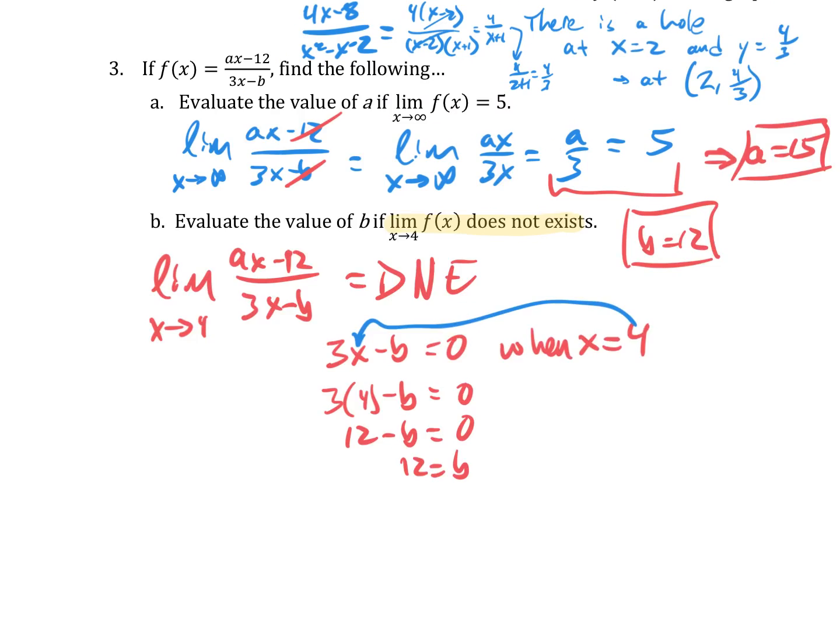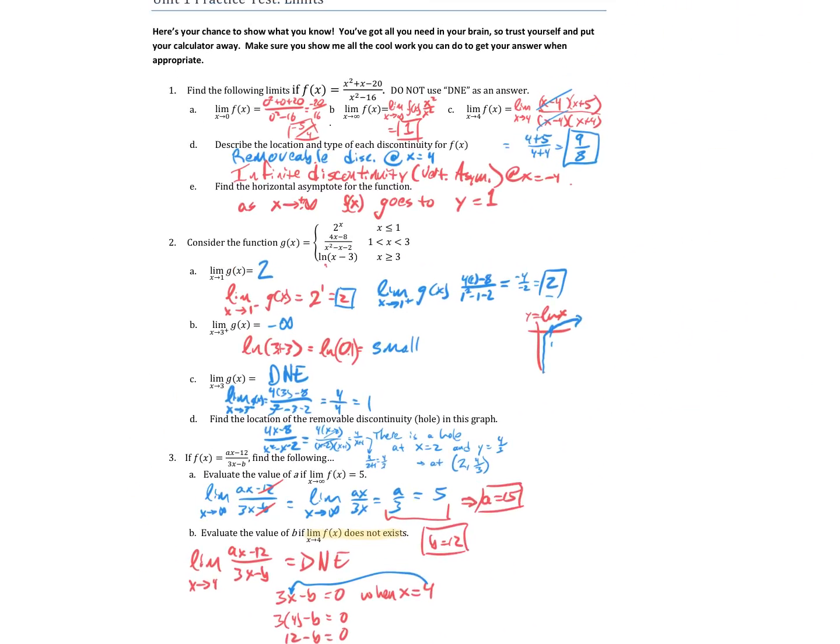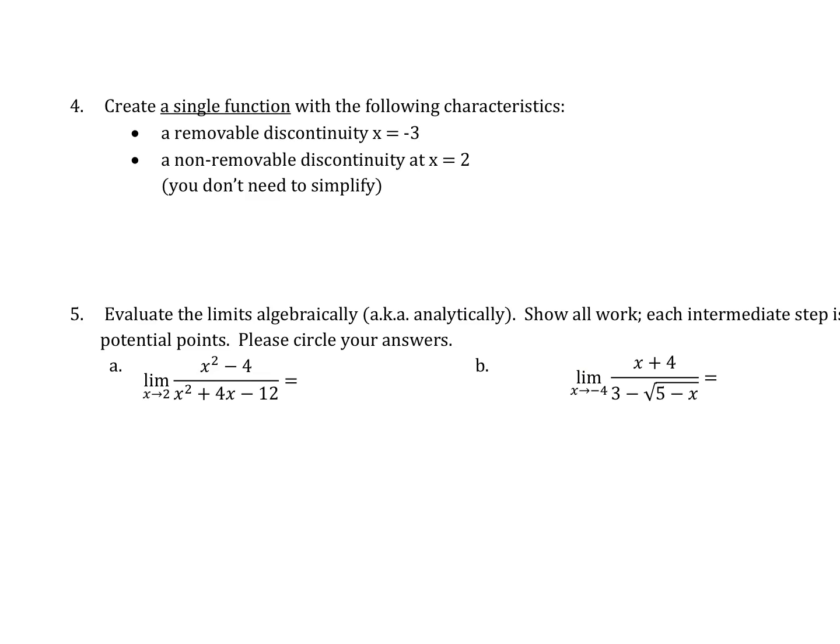Cool. Well, let's go on to the next page here. Continue our little review. Here's another interesting one. We want to create a single function with these characteristics: a removable discontinuity at x equals -3. Well, what does it mean to be removable? Removable means it can be canceled out, right?